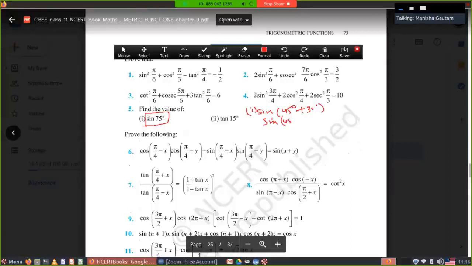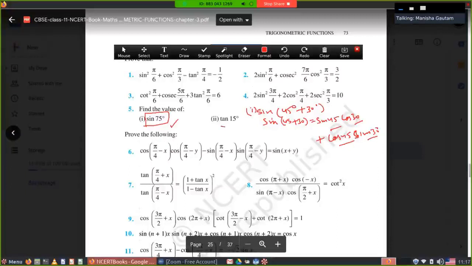So what is sin (45 plus 30)? Sin (x plus y) will be equal to sin x cos y plus cos x sin y. Put the values and you will get the solution of sin 75 degree.